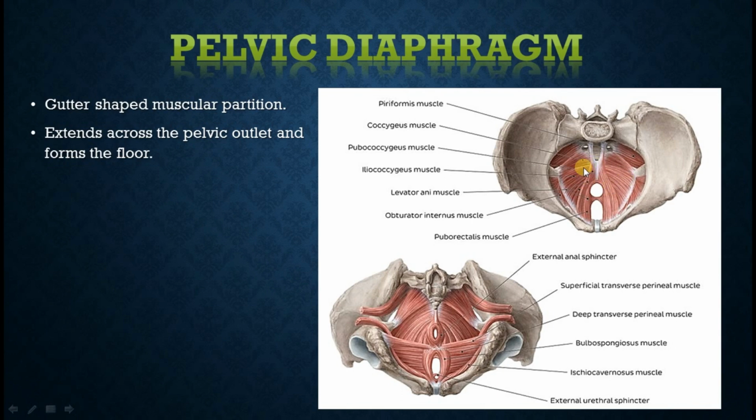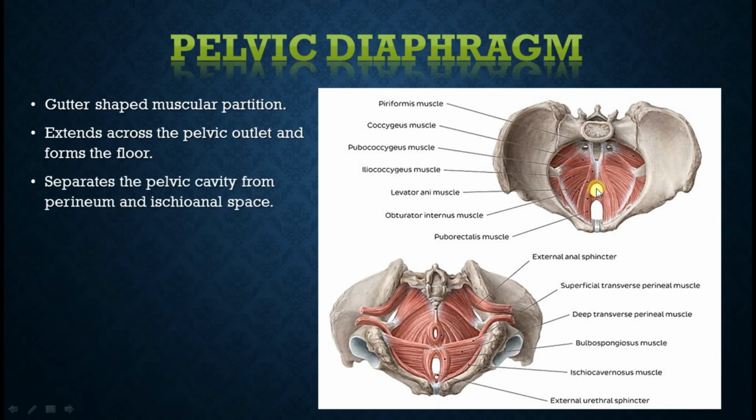This is the superior view, this is the inferior view, and it has openings for the transmission of the vagina and the urethra in females, the urethra alone anteriorly in males, and posteriorly the lower part of the rectum.